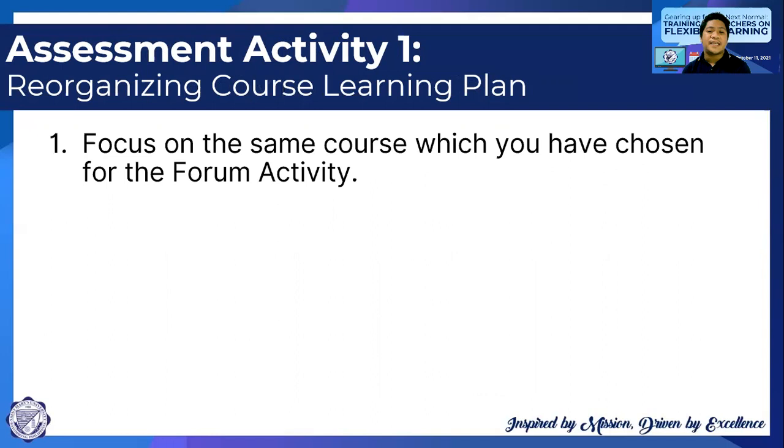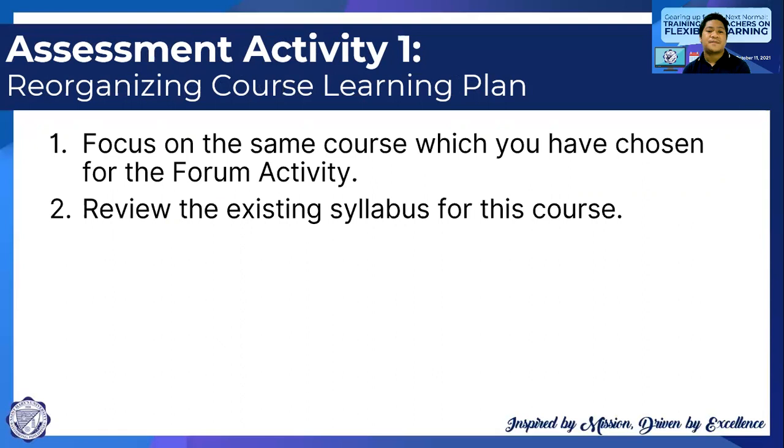Focus on the same course which you have chosen for the forum activity. Again, we need to be consistent in our choice so that we will have a focus on the same content, the same course, especially since the activities for the other modules of this training are related.